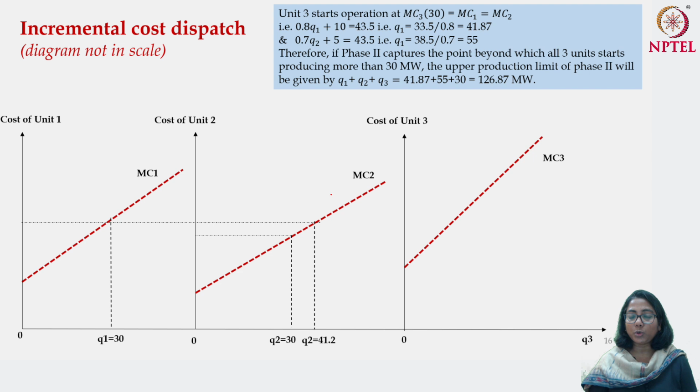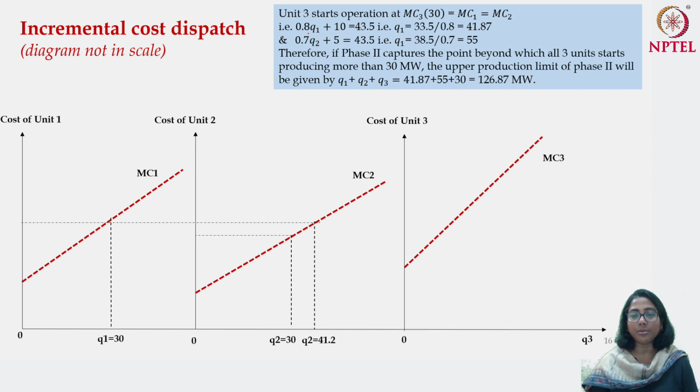Plants 1 and 2 keep on producing until the marginal cost of production is equal to the marginal cost of production of the third generating unit at Q equal to 30. So unit 3 starts operating at MC3 equal to 43.5, which is equal to MC1 and MC2.